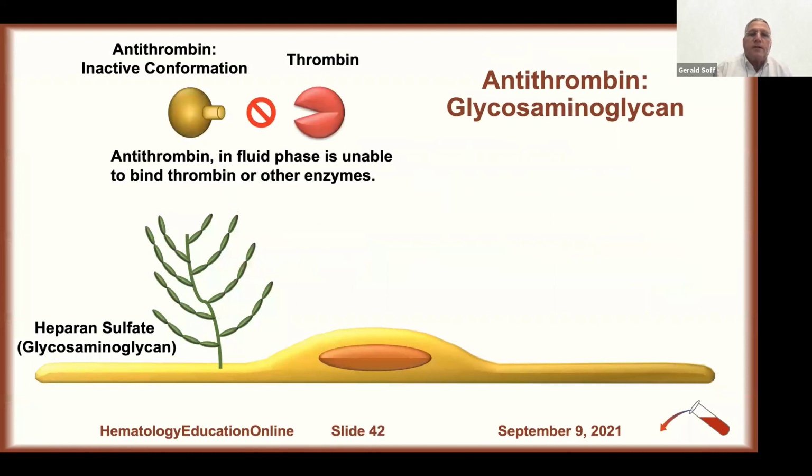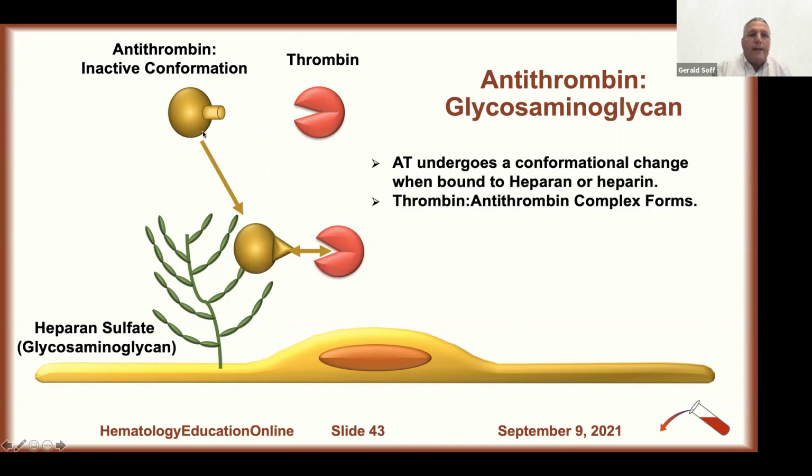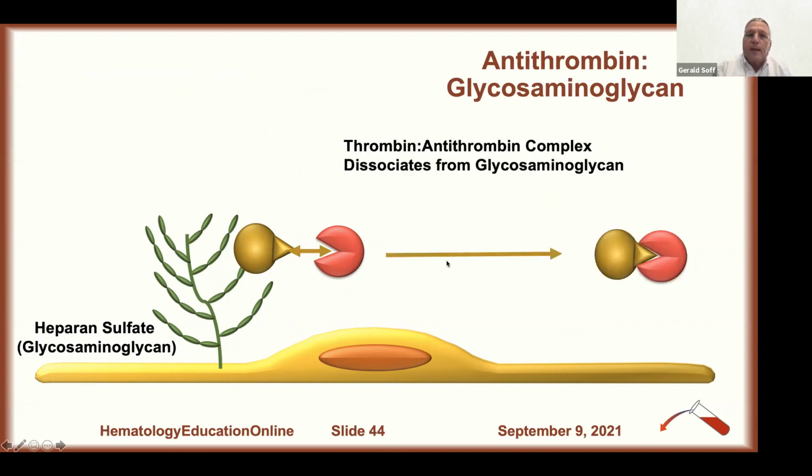So just to recapitulate, under physiologic conditions, antithrombin in the flowing blood doesn't do anything. When it binds to heparan sulfate or glycosaminoglycan, it becomes activated, a conformational change, I should say, allowing it to bind to and neutralize the enzymes in the clotting system. And then those are cleared.